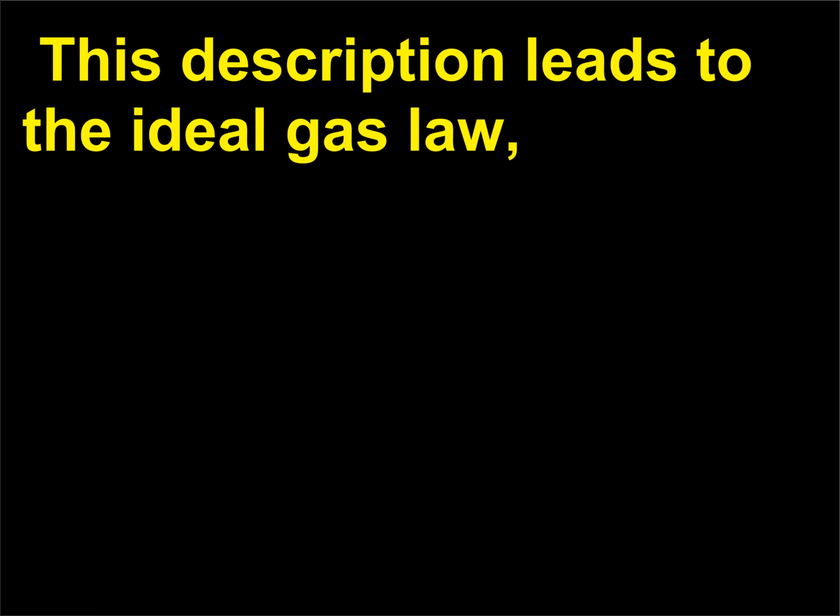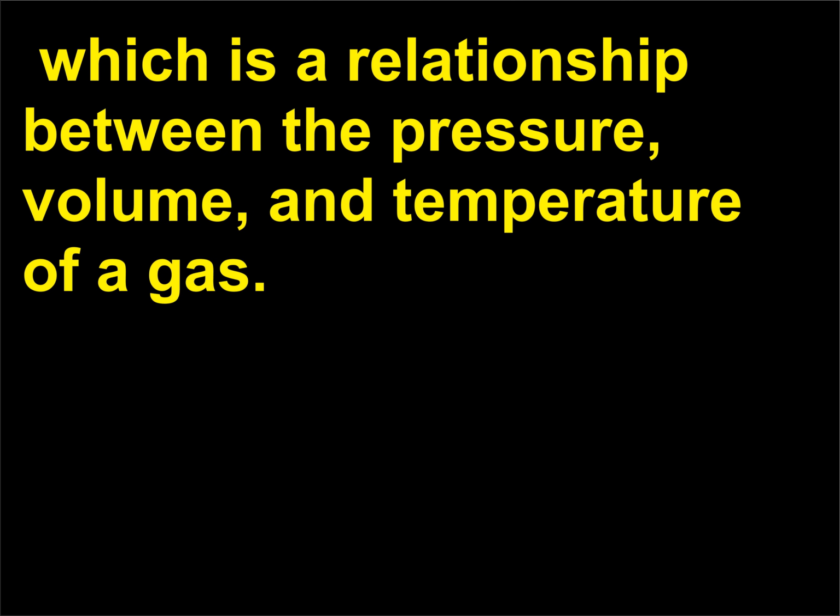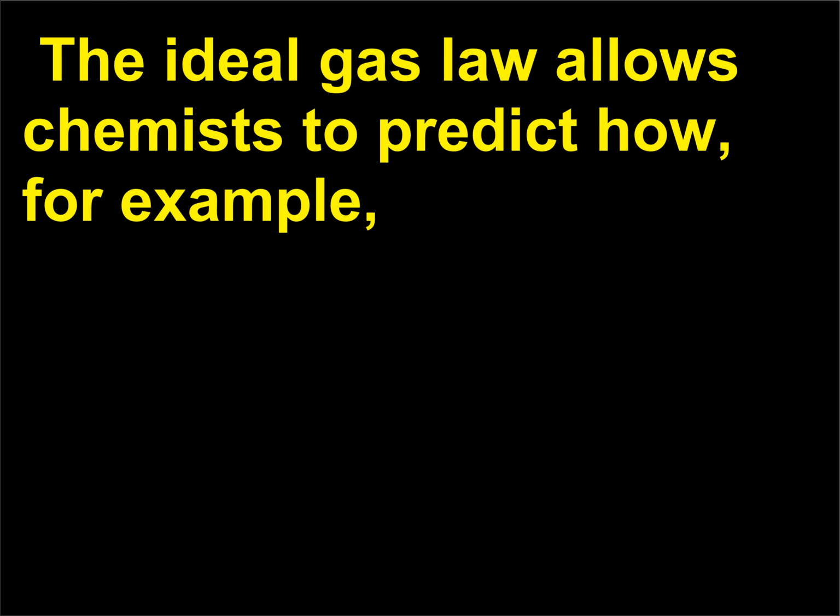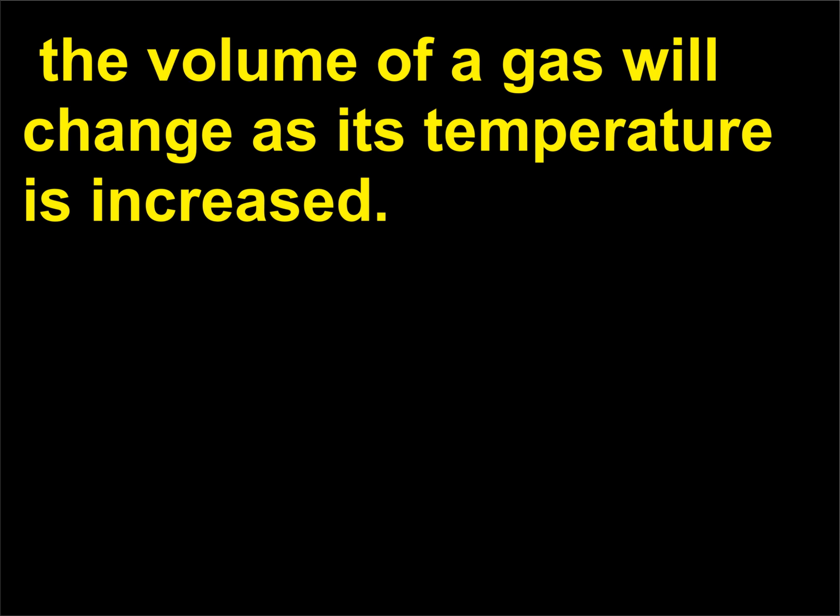This description leads to the ideal gas law, which is a relationship between the pressure, volume, and temperature of a gas. The ideal gas law allows chemists to predict how, for example, the volume of a gas will change as its temperature is increased.